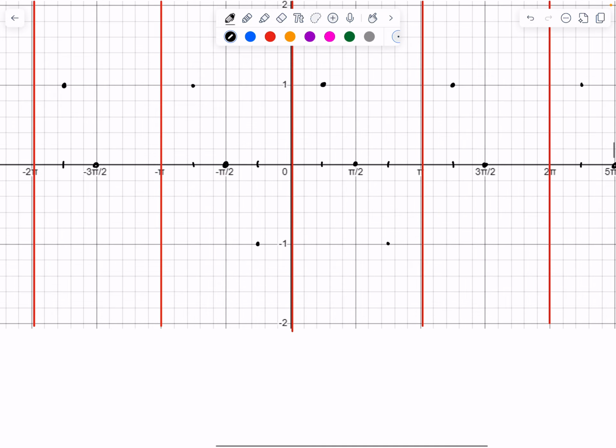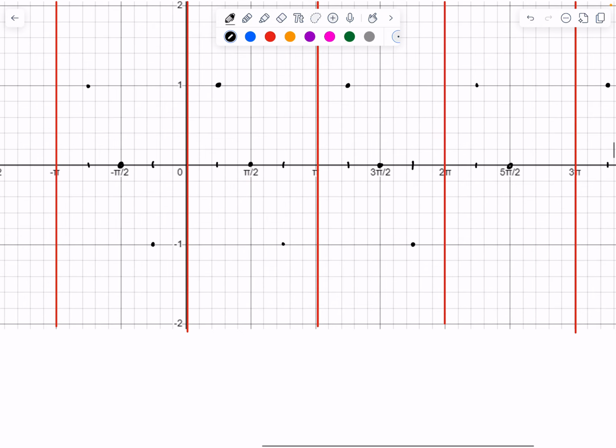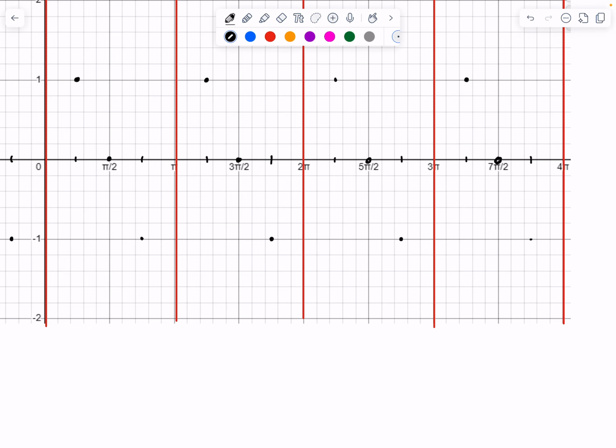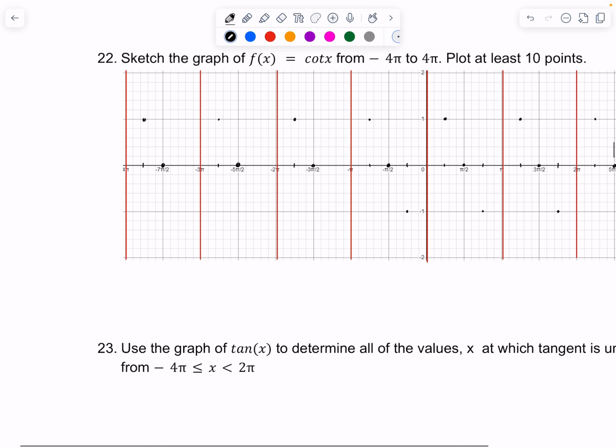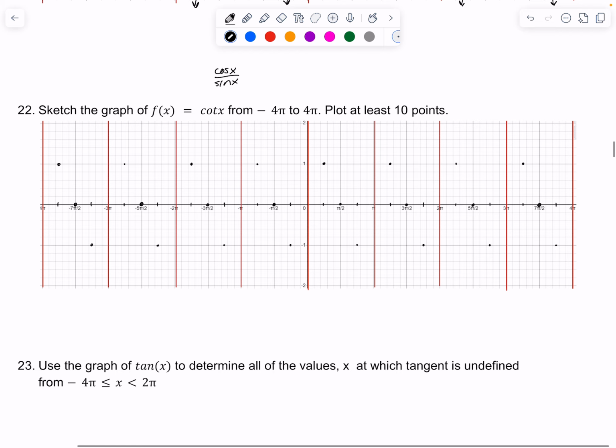Here, here, here, here, and on the negative side as well. Okay, then I just draw the rough shape and I've got it. So cotangent looks basically like this.